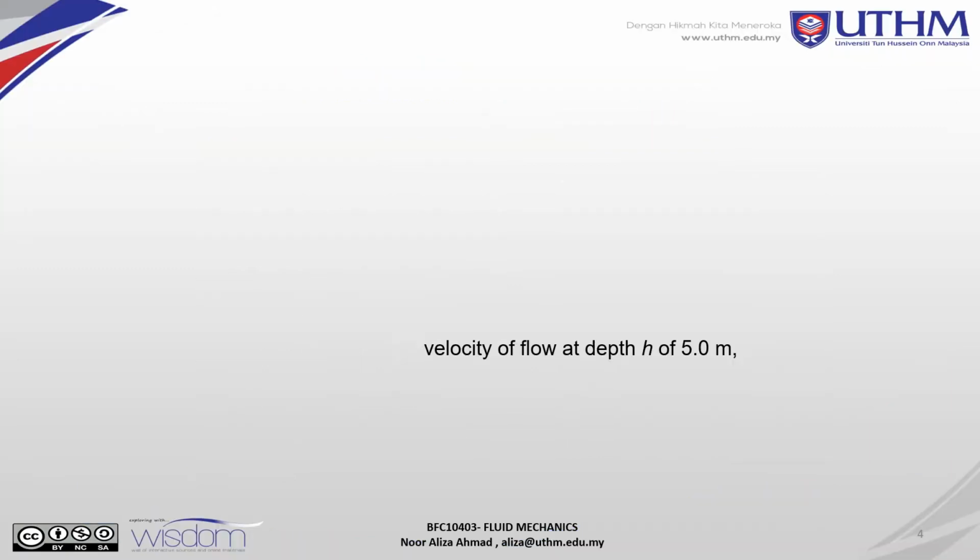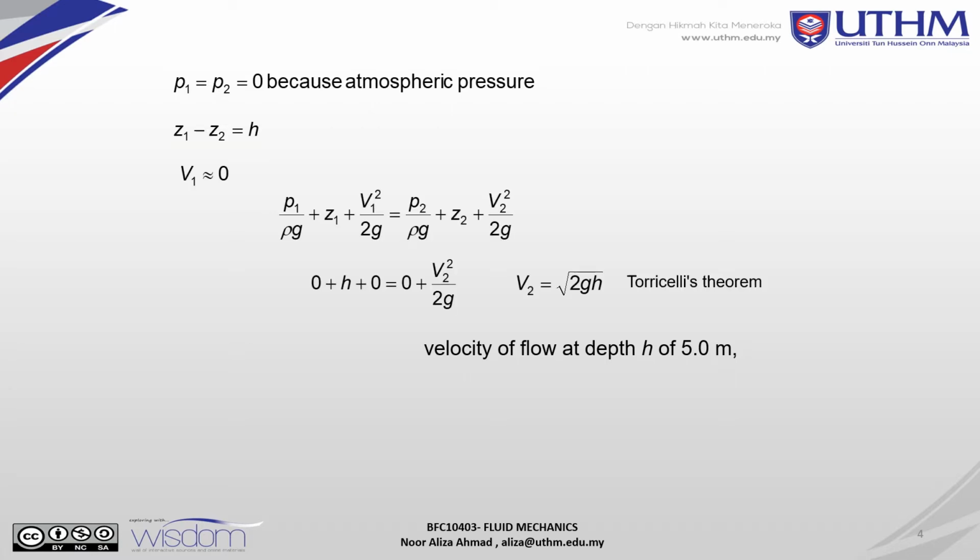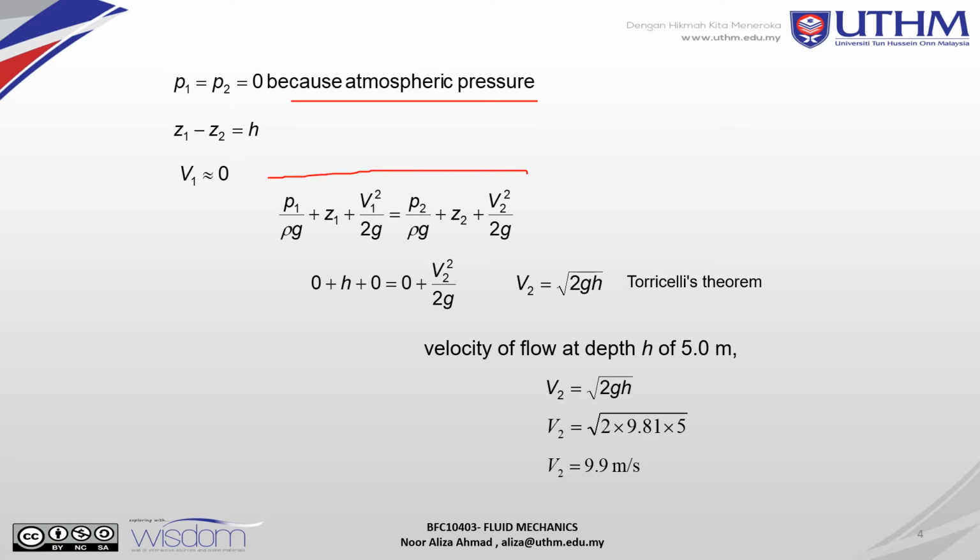So the solution here, using the Bernoulli equation, P1 is equal to P2, the pressure at 1 and pressure at 2 is equal to 0 because it's at atmospheric pressure. So Z1 minus Z2 is the height h, and the velocity V1 is 0 because it's open to the atmosphere.